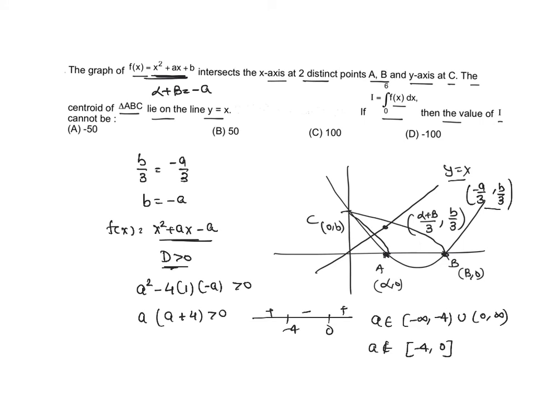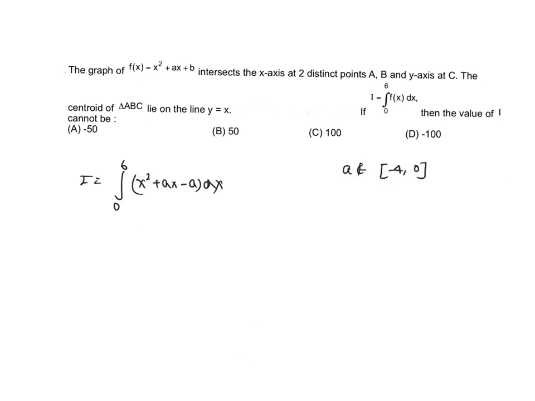So what will we do now? We will do integration. I equals the integral from 0 to 6 of f(x), which is x square plus ax minus a, into dx. After simplification we got a does not belong to minus 4 to 0. Then we have to find out which I cannot be.